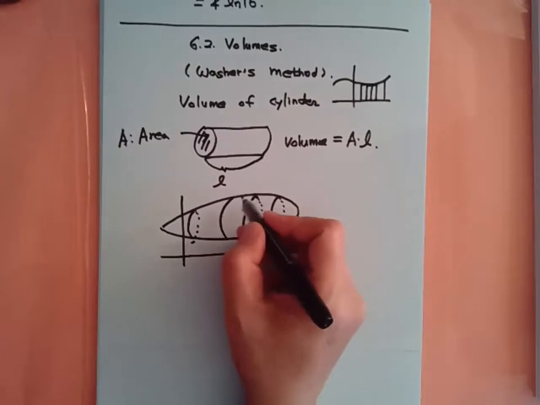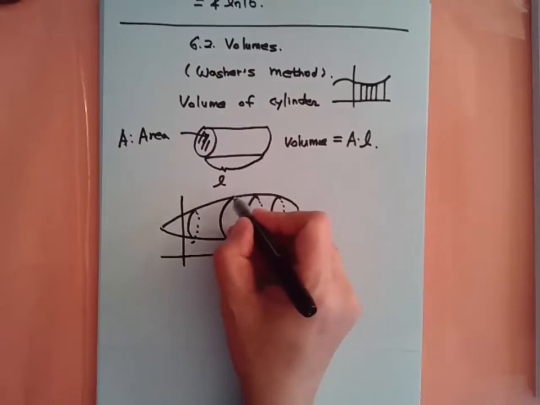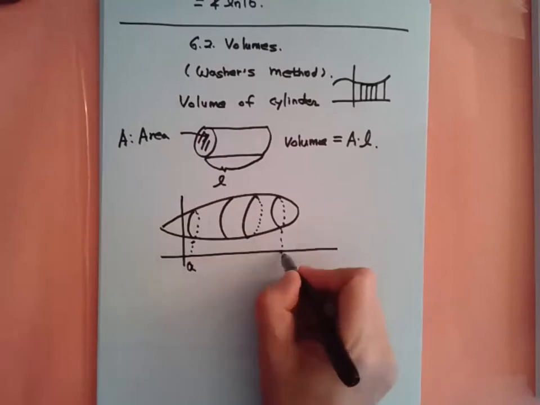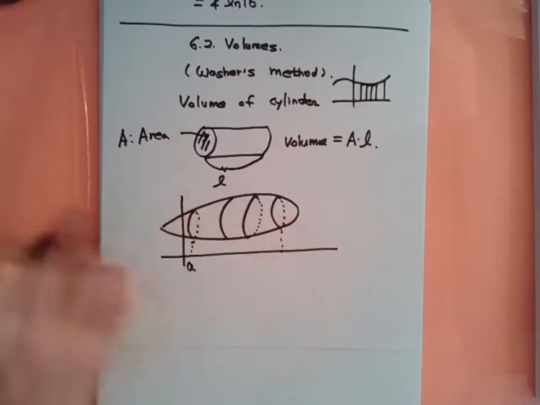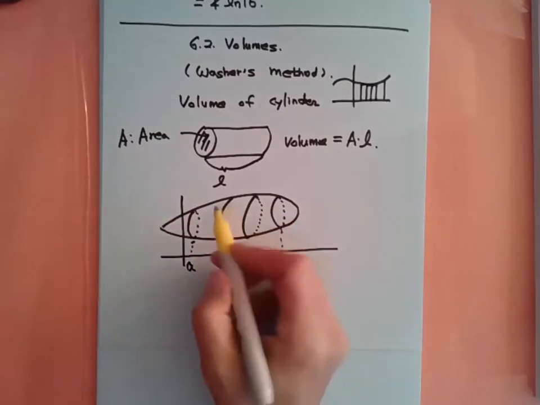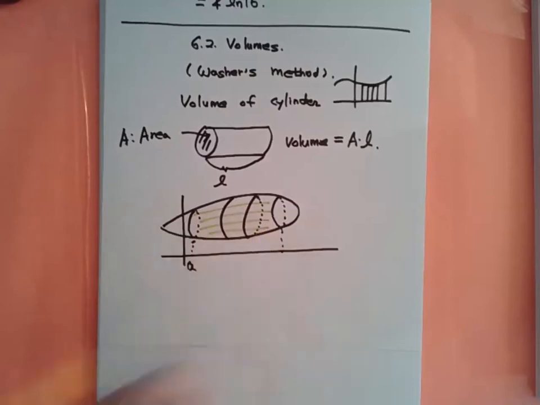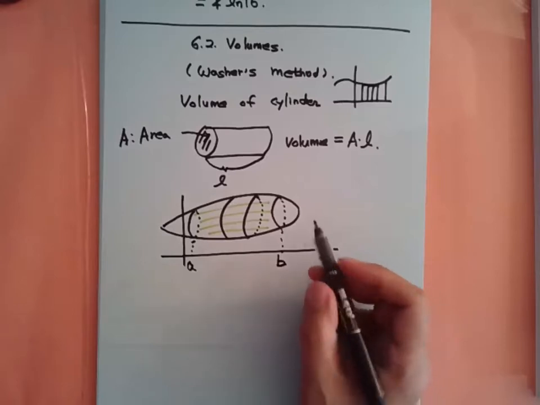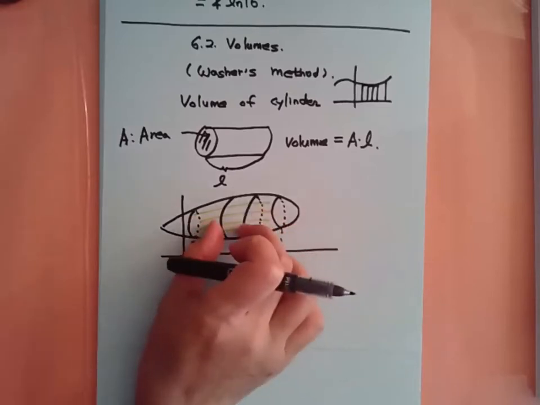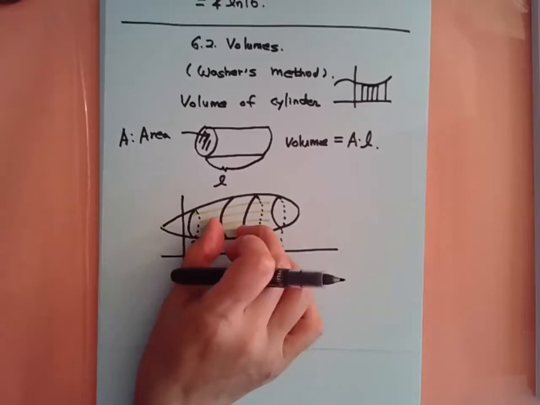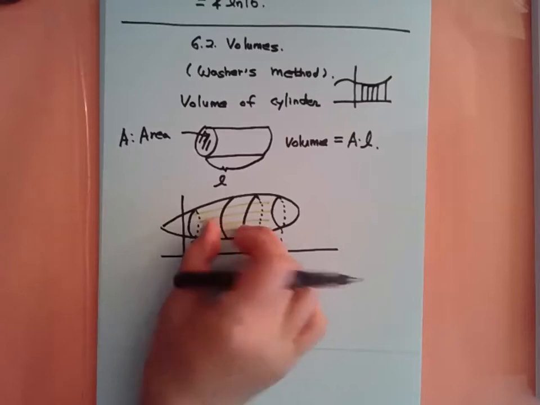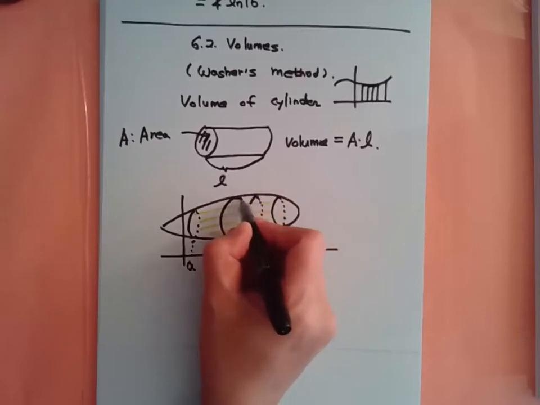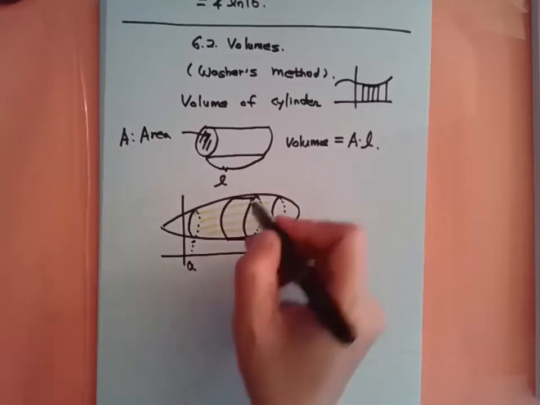So let's think about this cylinder, and we think about the region, this volume, from A to B. If this slice is small enough, then that resembles a cylinder.